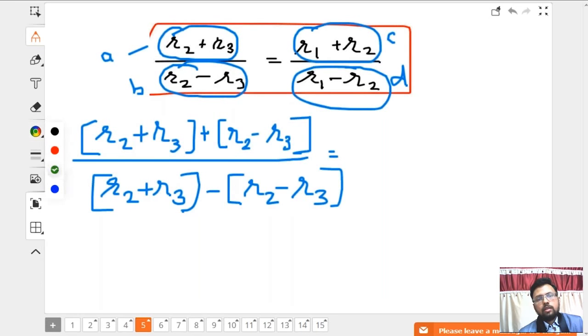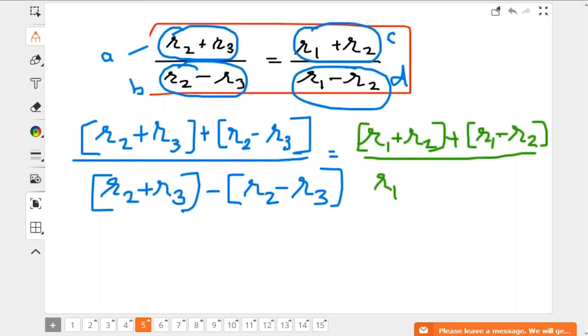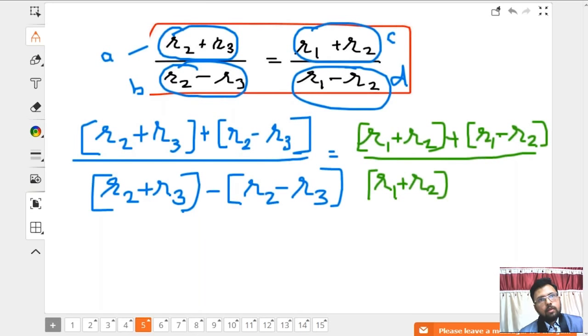Similarly, this will be R1 plus R2 plus R1 minus R2, C plus D, divided by C minus D, which is R1 plus R2 minus R1 minus R2.